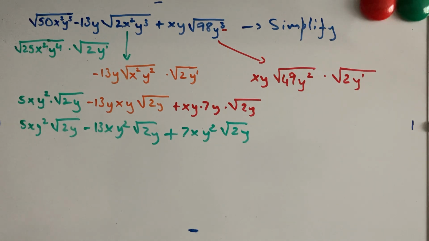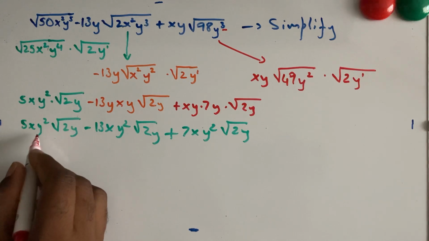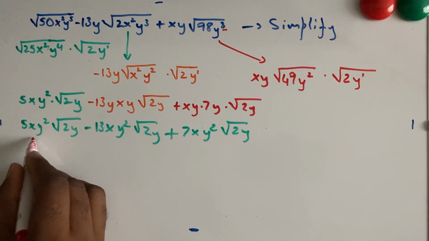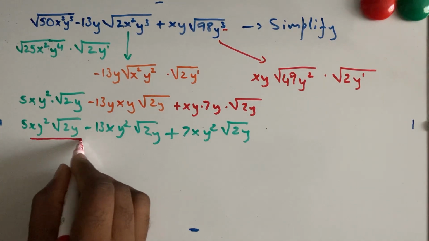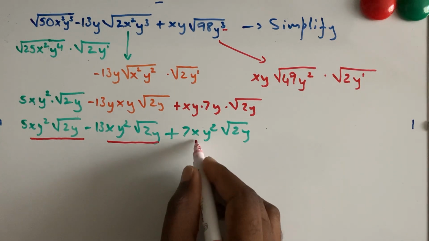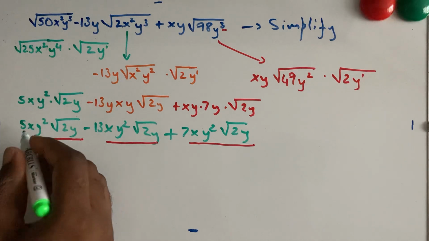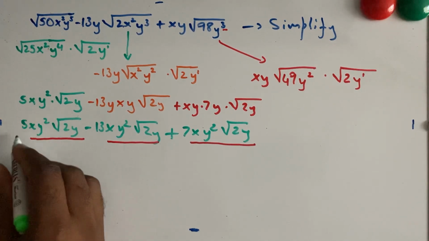Okay, now from here, guys, all you gotta do is remember what I said from last time. Last time I said, remember like terms. You deal with radicals as if they're like terms. As you can see what you have here, xy squared square root of 2y, xy squared square root of 2y, xy squared square root of 2y. So the same thing is repeated. All you gotta do is combine the numbers you have up front.